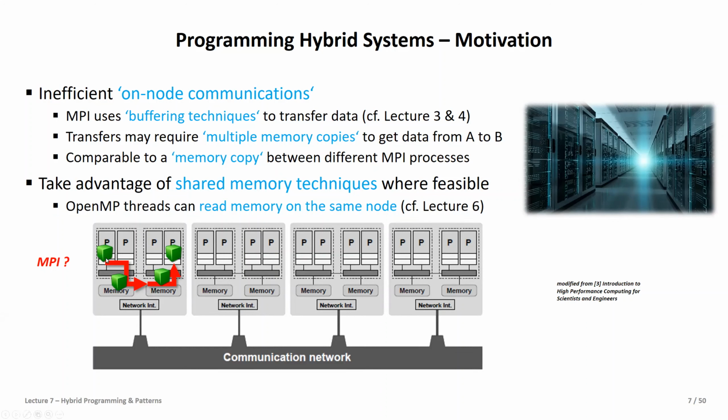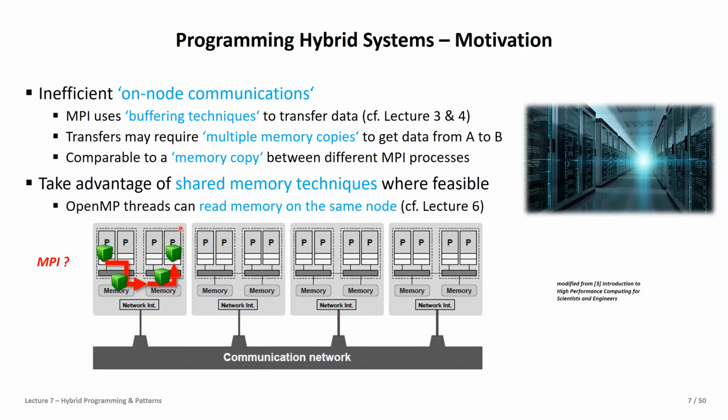When I want to communicate something from one processor to another, I usually set aside a memory place where I can send, and also a receive buffer for the MPI send and receive. So this doesn't really make sense within a node, right? There's a memory copy, which is basically not useful within one node.